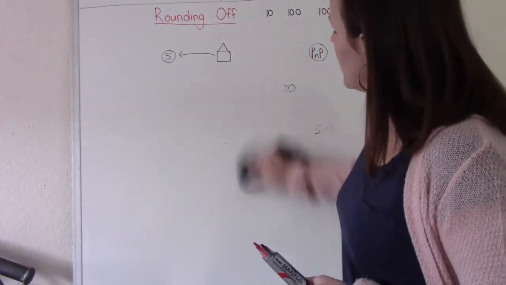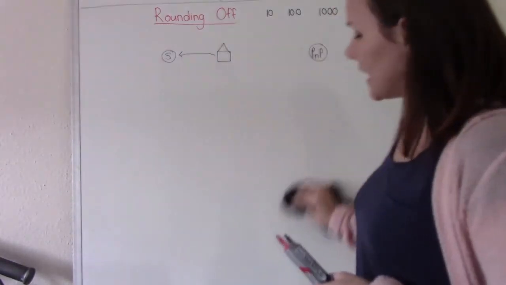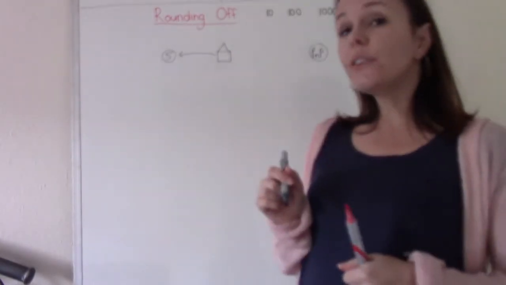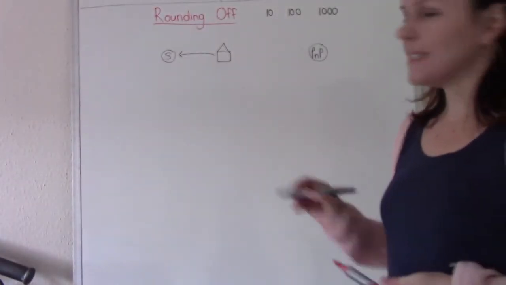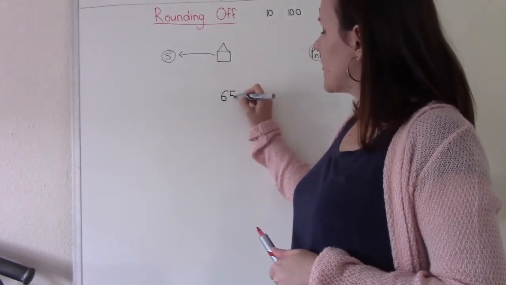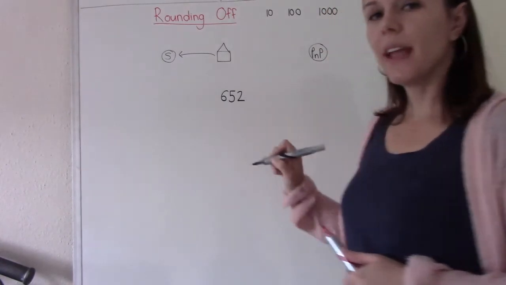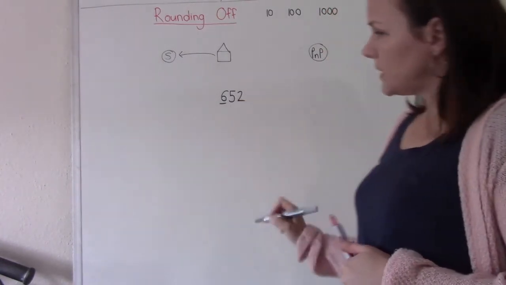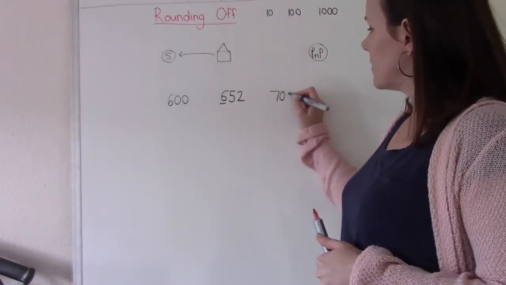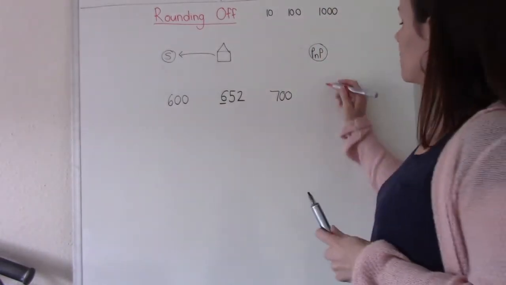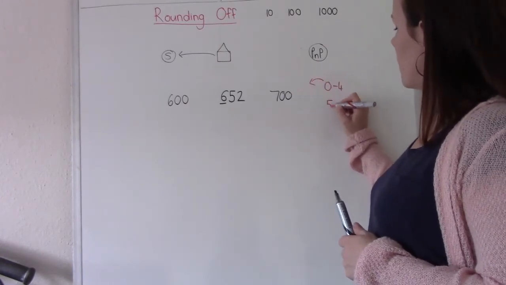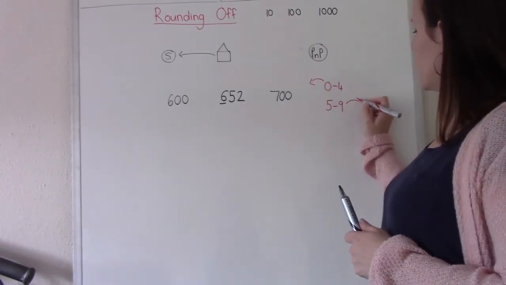Rounding off to the nearest 100 works exactly the same, except this time I'm going to look at the hundreds and not at the tens. So let's say I have 652. 652 lies between 600 and 700. Remember, my rule is from 0 to 4 goes down, from 5 to 9 it goes up.